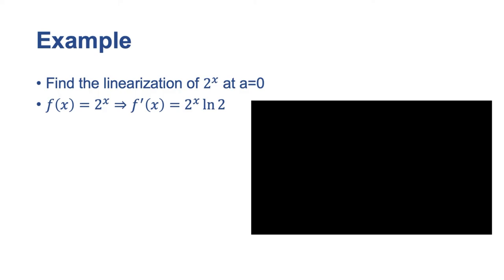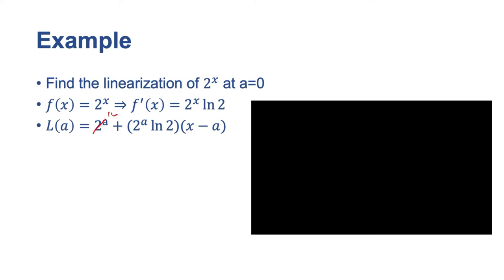Alright, so now what we can do is we can plug this into our linear approximation formula. That means that the linear approximation of f at a is going to be 2 to the a plus 2 to the a times the natural logarithm of 2 times x minus a. And now all that's left is to plug in 0. When we plug in 0, we're going to remember some of our pre-calculus exponential rules, and that's going to go to 1.